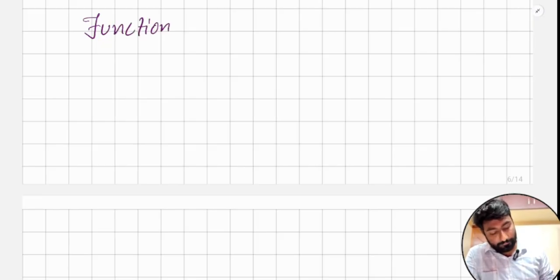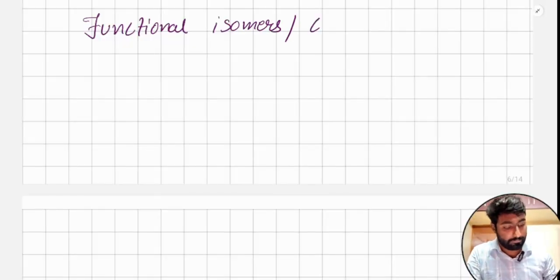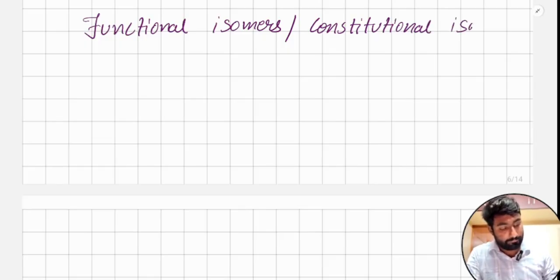Now we will see the different isomerisms one by one. One is your functional isomers. What is the other name for these, students? Constitutional isomers.